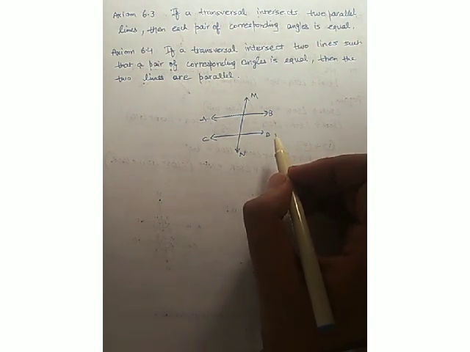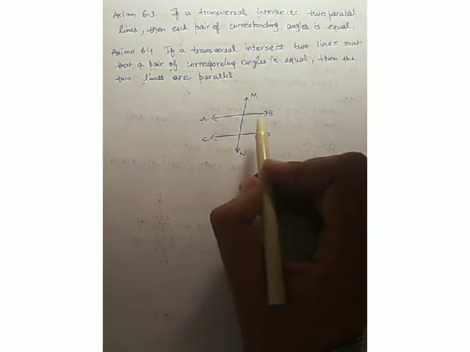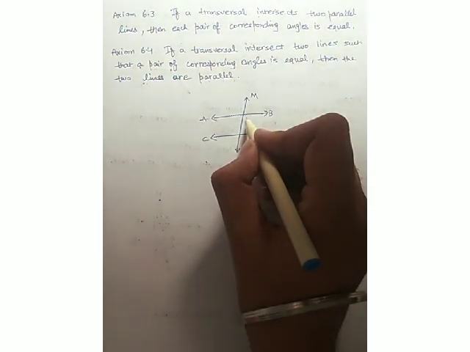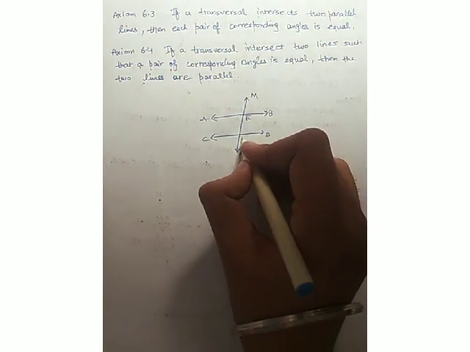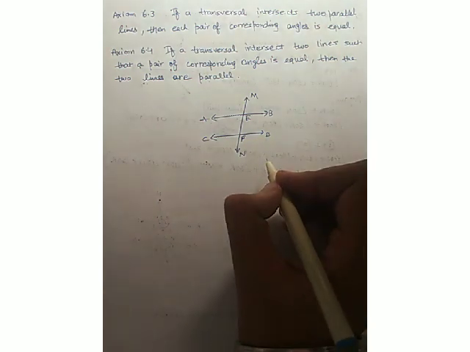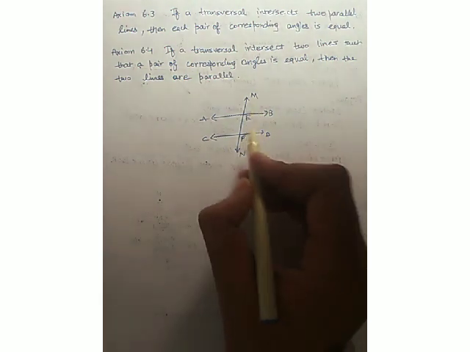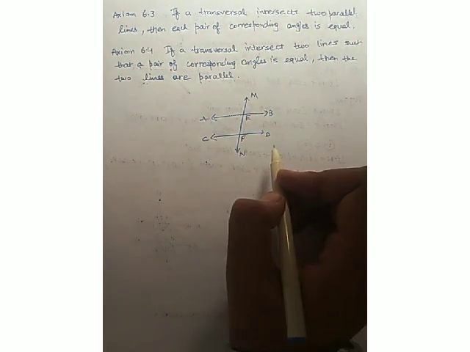Then each pair of corresponding angles is equal. We have studied that corresponding angles are the angles formed at the points of intersection, let them be E and F. So what are the corresponding angles? Corresponding angles will be MEA and EFC, then MEB and EFD. These are the corresponding angles.